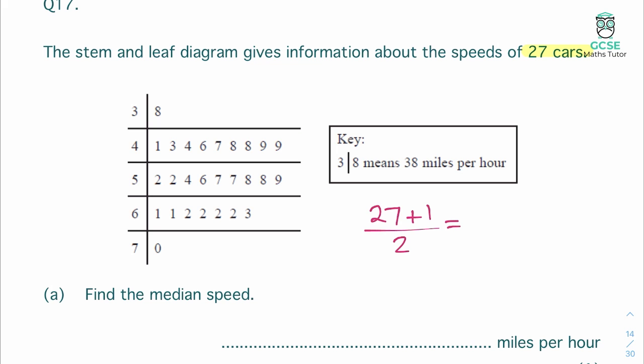So that's 28 divided by 2 is 14, so we just need the 14th number. So that's where our median will be. You can go from the start or the end. So 1, 2, 3, 4, 5, 6, 7, 8, 9, 10, 11, 12, 13, and there's the 14th number. So that is a 5 and a 6. Look at the key. So that is going to represent 56, as 3/8 was 38. That's going to be 56.